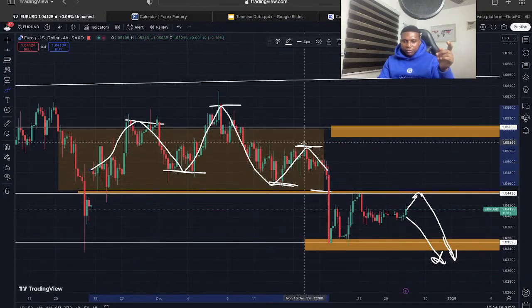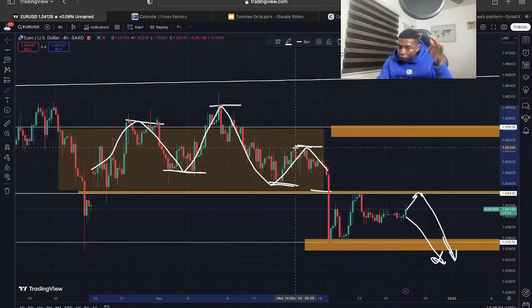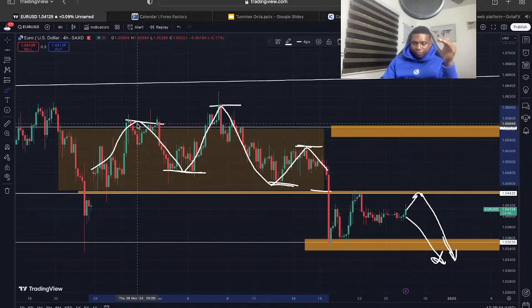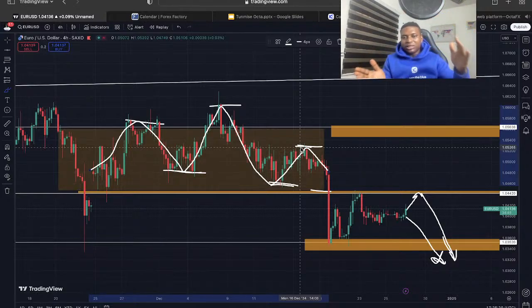Now it's obvious that the new high that was created here is lower than this high and this high. All right, so that already confirms the direction at which the channel of the trend has moved, and also gives us a foresight as to the next direction of price.